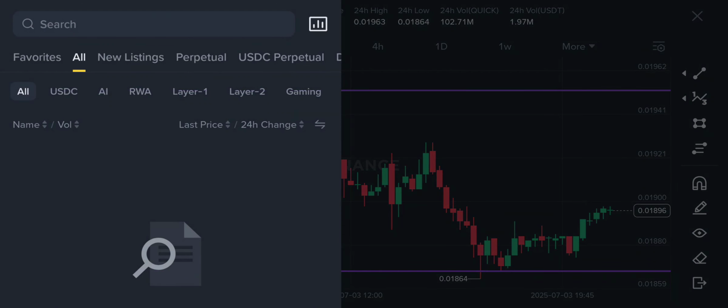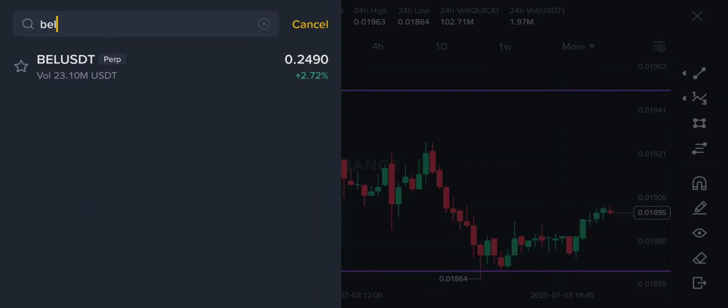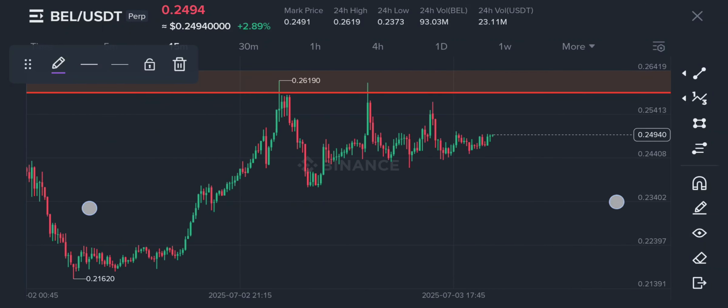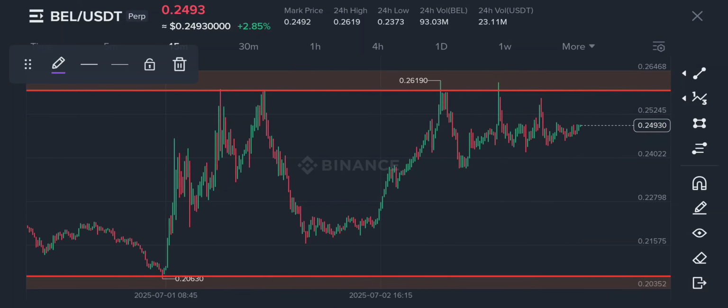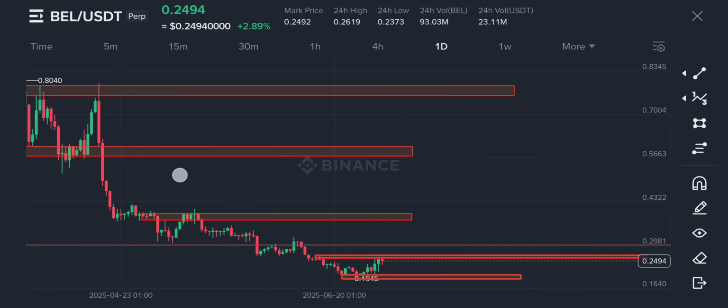Let's look at Bell. Okay, I think we have already drawn something on Bell before, but let me remove that and do a fresh analysis.